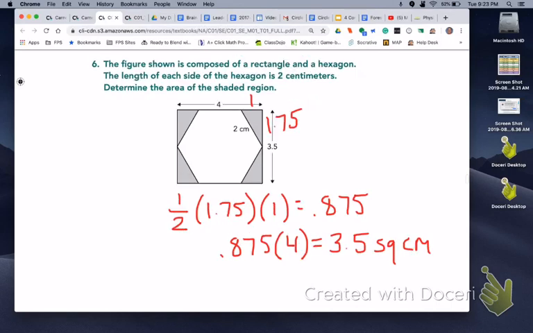And for number 6, one triangle is 0.875 square centimeters. There are 4 triangles, so their total area of the shaded region is 3.5 square centimeters.